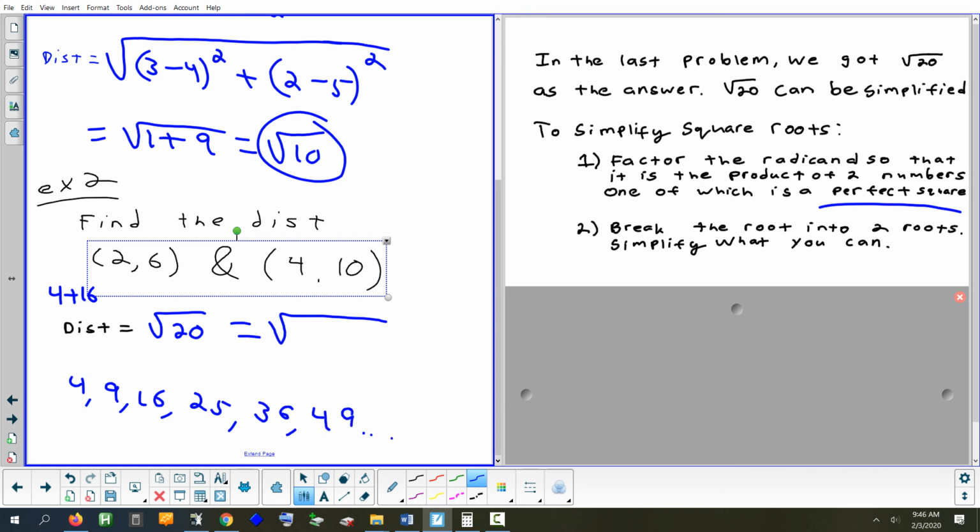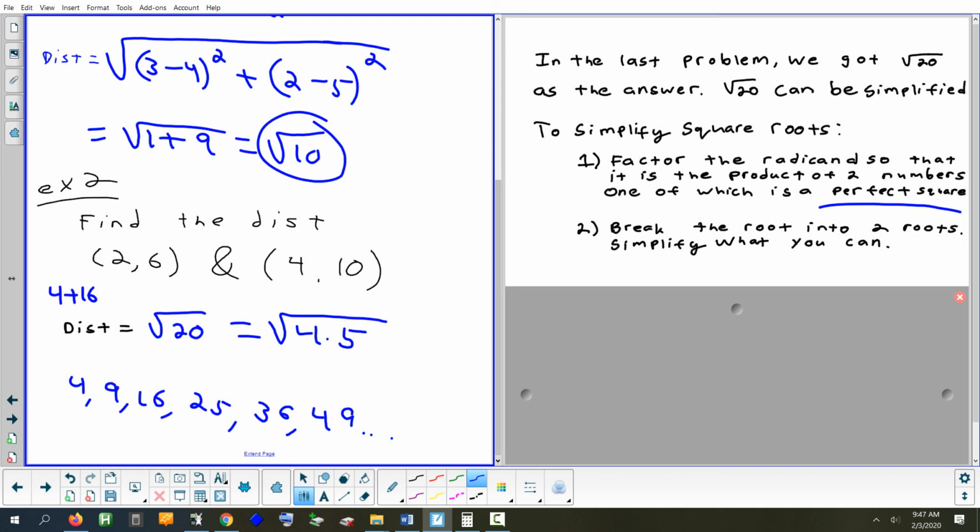They're all numbers you can take square roots of nicely. Anyone think they can tell me how I can write 20 as something times something? 4. It has to be a number in this list. Yes, 4 times 5. That's the first step. Just try to write your number as something times something. And one of them has to be a number in this list.